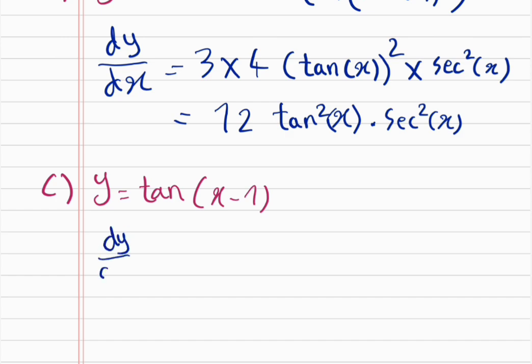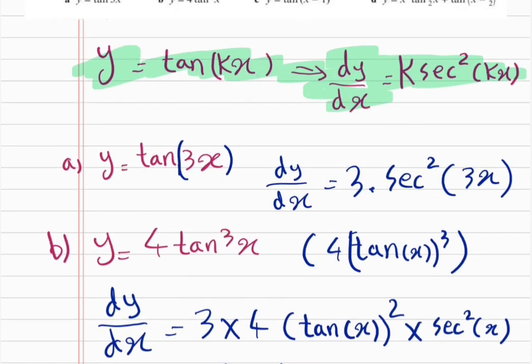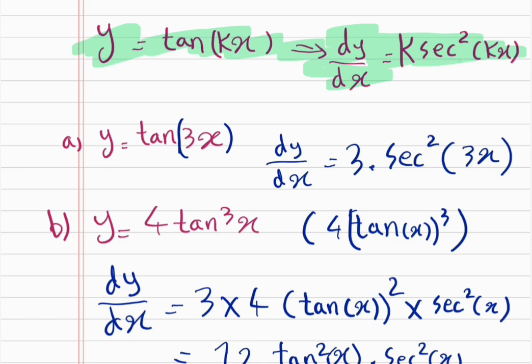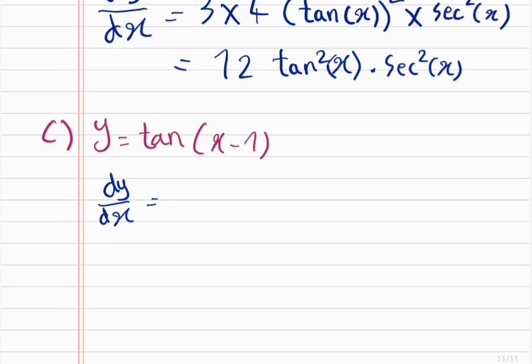Right, for part C, we have y is equal to tan of x minus 1. This one might look a bit confusing, but it's actually very simple, because again, this just goes back to the result that we have here. So you just differentiate inside basically, and then that comes out as your coefficient, and then you just also write sec squared instead of tan. So in this case, by using that idea, the inside of the bracket just differentiates to 1, because x minus 1 differentiates to 1.